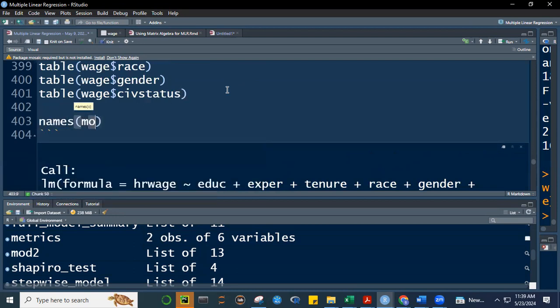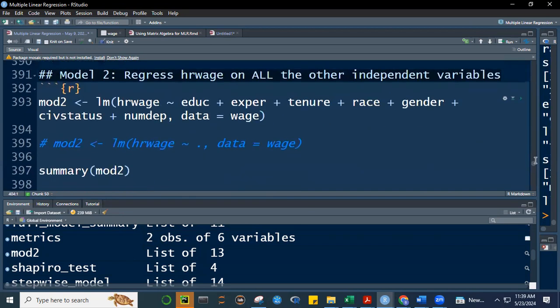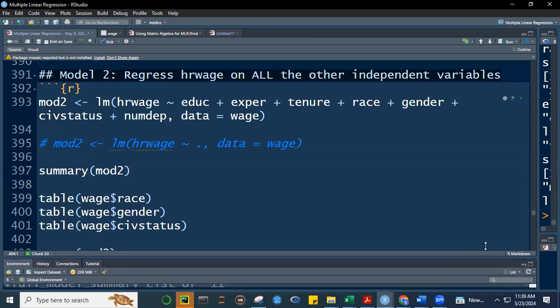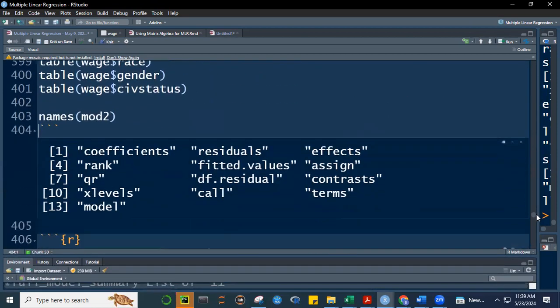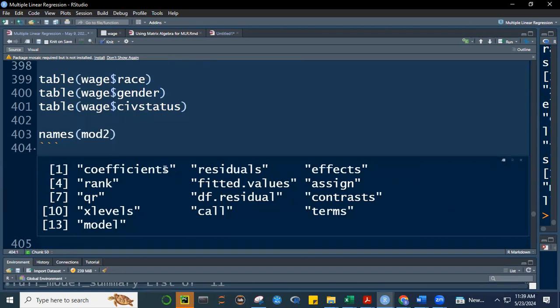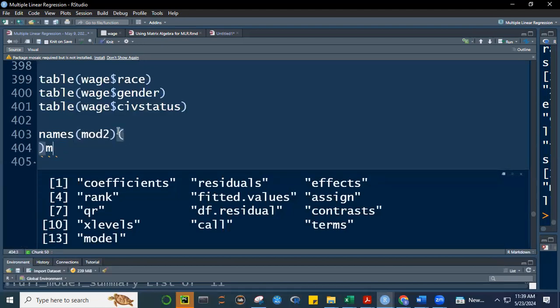Before I go there, by the way, if you run names of Model 2, it will give you what's inside Model 2. So what's inside Model 2 are objects here. We have the coefficients, the rank, residuals, the fitted values.